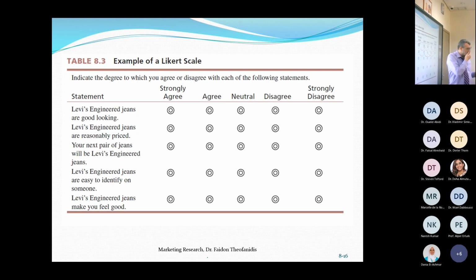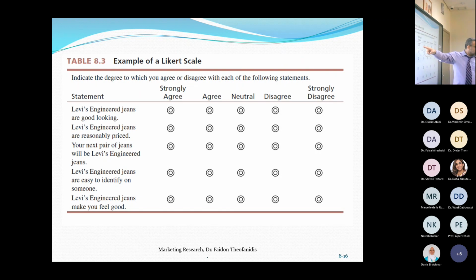So what is happening here is the highest number always goes to the most positive characteristic. This is the principle. It's the opposite of ranking. In ranking, number one goes to the first, because I'm first, you are second, you are third. The idea is opposite here.